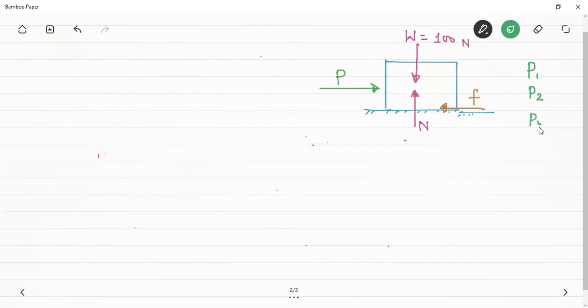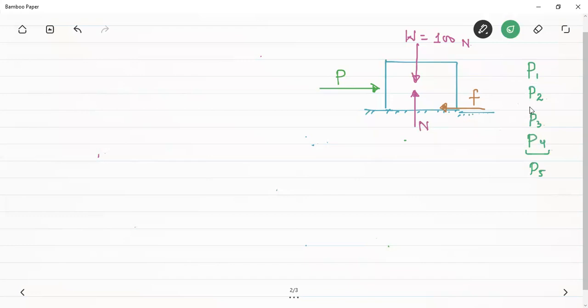If I further increase the value to P3, the block is again at rest. There will be a value of the applied force at which the block will just tend to slide. And if I further increase the value, that is P5, the block will start sliding.